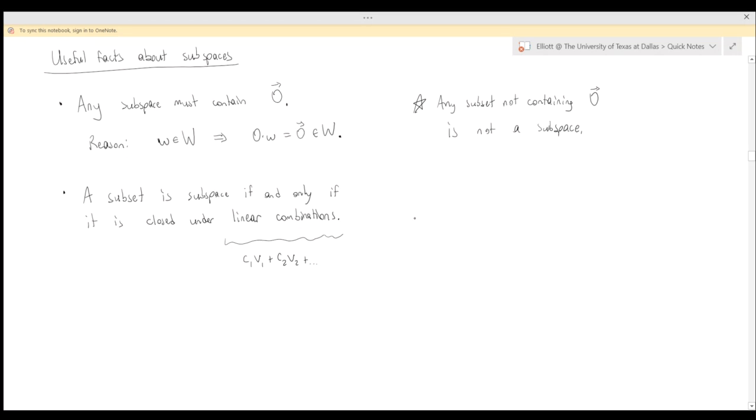One consequence of this is, if you recall the definition of span, which we defined for Rn, but which we can also define for a general vector space. I'll write down the definition again: the span of some collection of vectors, let's say v1 through vk, is the set of all linear combinations of these vectors.